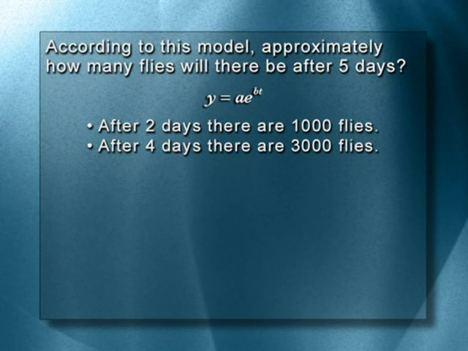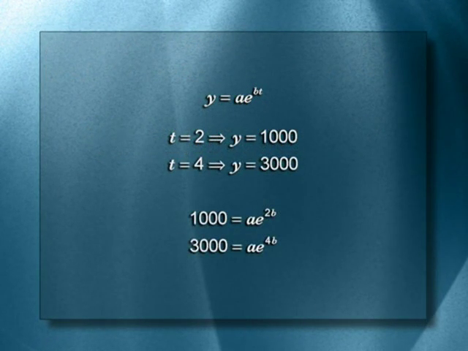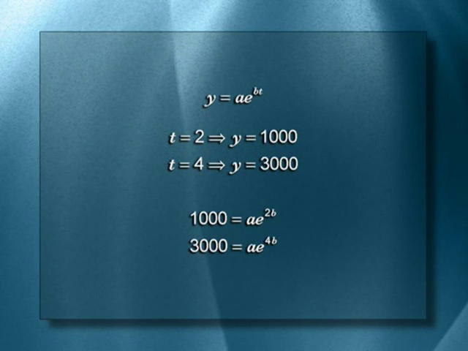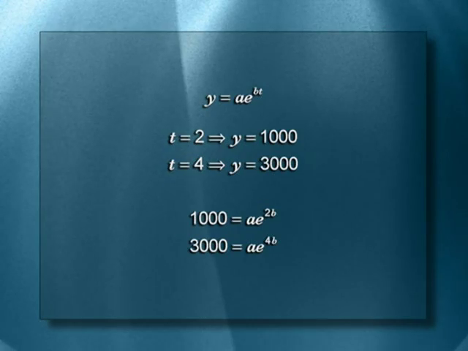And also when t is 4, y is 3,000. So we plug those numbers into the model. 1,000 equals ae to the 2b, and then 3,000 equals ae to the 4b. Okay, 2 equations, 2 unknowns. Maybe we can solve for a and b. Let's try to do it.